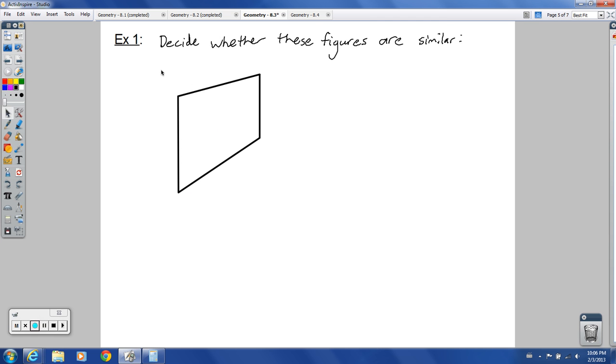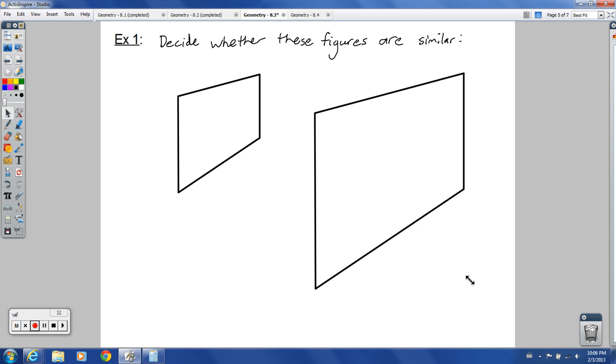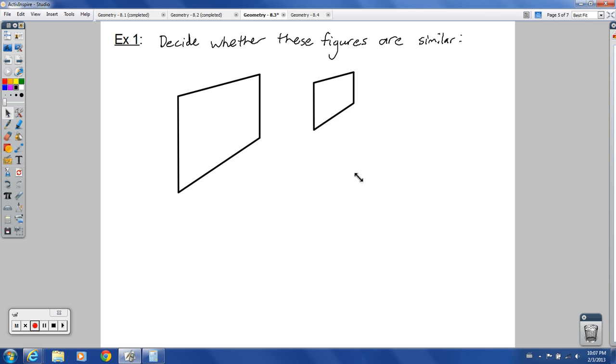And then the nice thing about this is I'm going to duplicate it and move it over here. I'm going to resize it, so I am keeping the shape the same, just making it smaller. I could actually make it bigger. This is a nice tool that this program has. It is going to be similar, but we're not going to assume we can trust the looks.